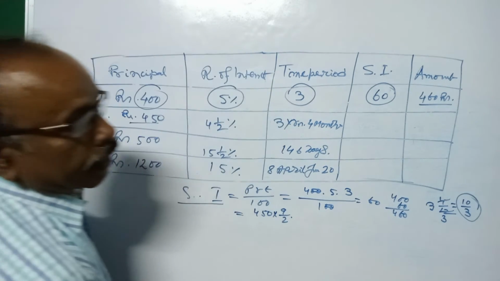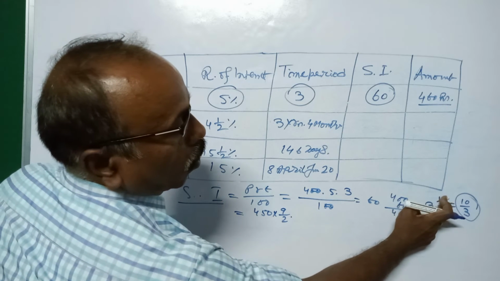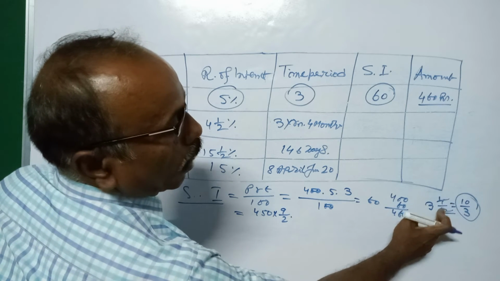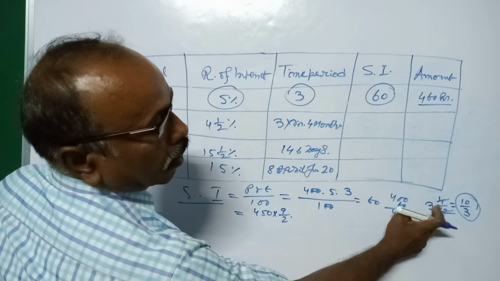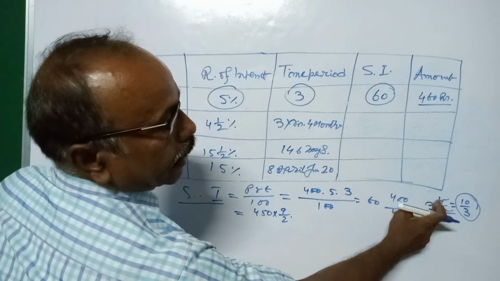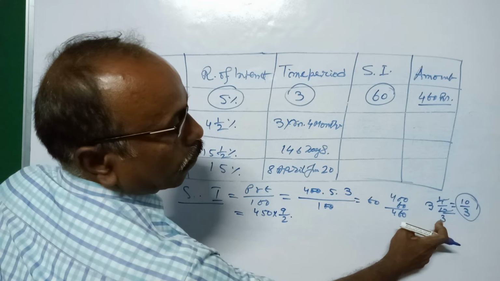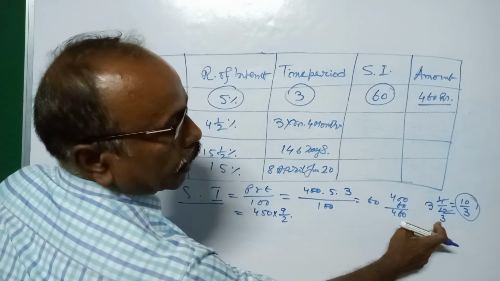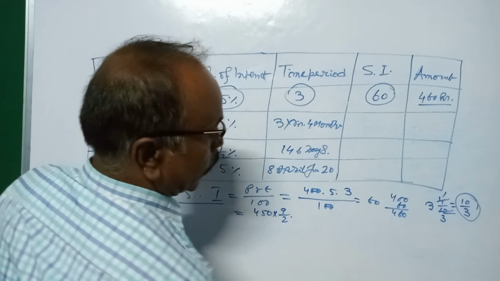My dear student, seriously you must concentrate. 4 months we also convert into years by dividing by 12, so 10/3 years.